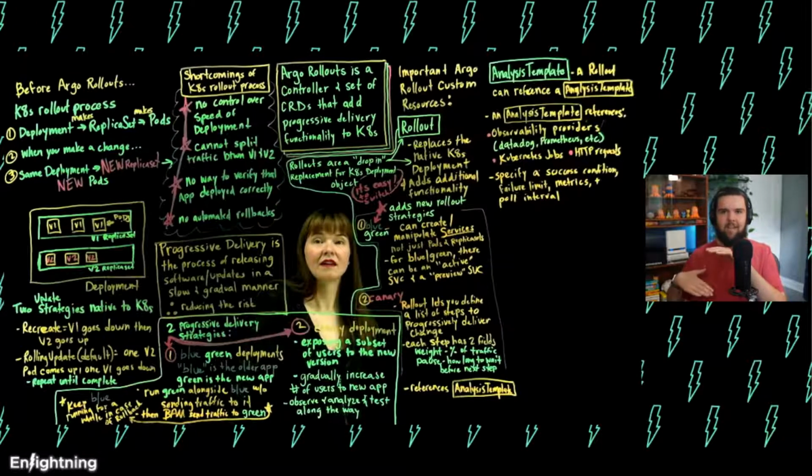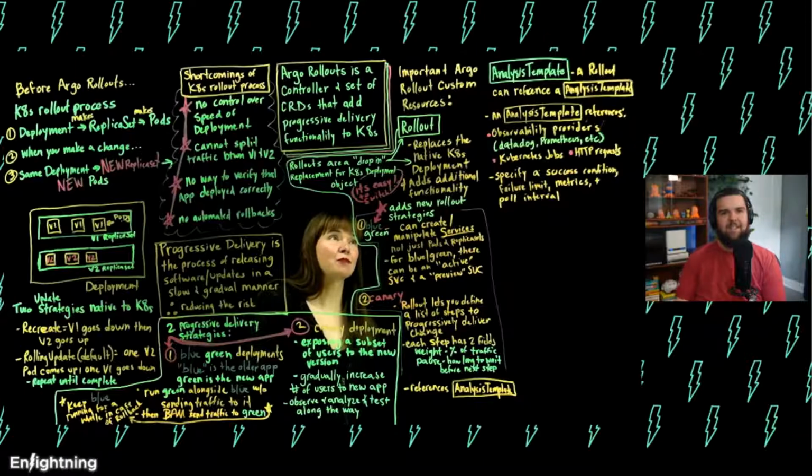You say, I want to poll from this provider every 5 minutes and determine if it's hitting my success condition, and I want to do that 3 times. And after I've done that 3 times and got successful 3 times, finish the analysis run and call it successful.